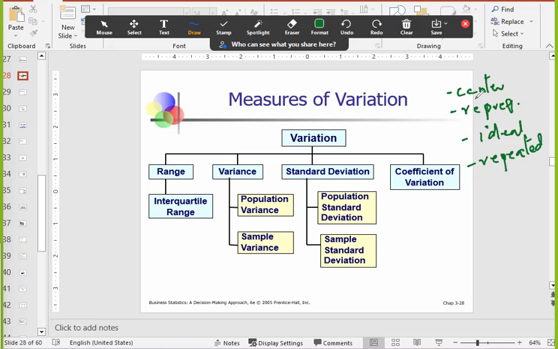So the values which were in the center, which were most representative, which is the ideal, which is repeated value that can summarize the habit of data.